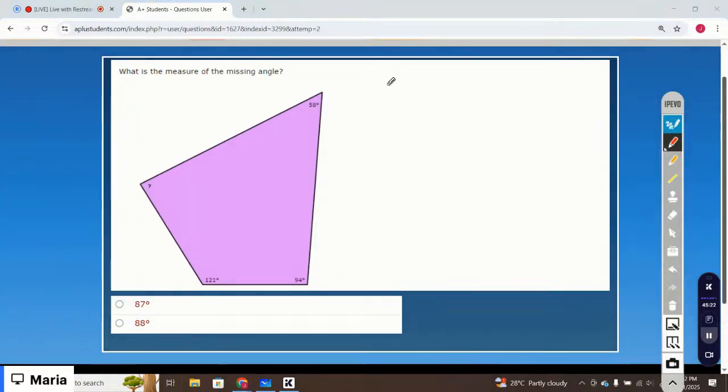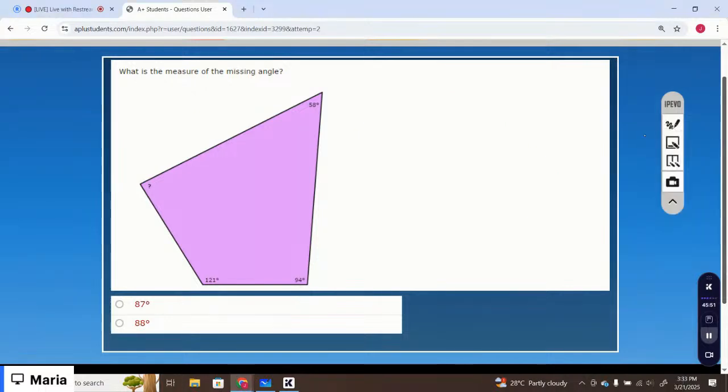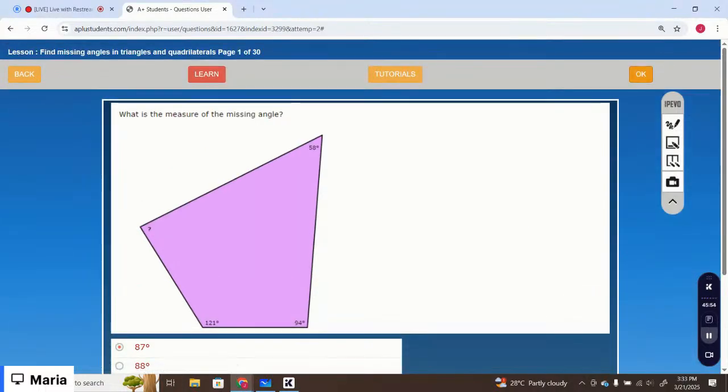So the sum of all four angles equals 360 degrees. So just add them, 58 plus 121 plus 94 plus the missing angle equals 360. That is 58 plus 121 plus 94, 273. So 360 minus 273 equals 87 degrees. So the measurement of the missing angle is 87 degrees. Option number one is the correct option.